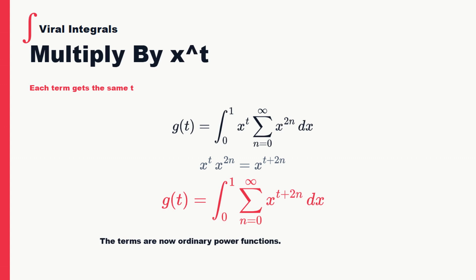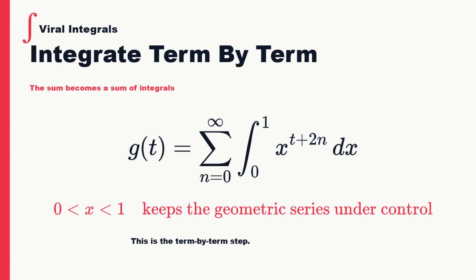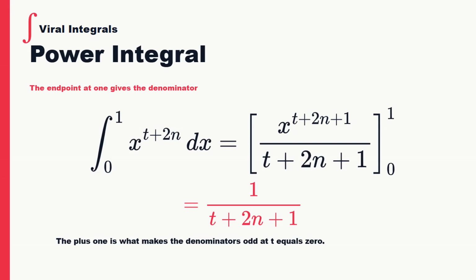And therefore, our g of t is the integral from 0 to 1 of that sum. And then we switch the integration and summation, which is valid because there's no problems with convergence either way. So we switch it, and now all we have to do is evaluate the inner integral. The inner integral evaluates like this.